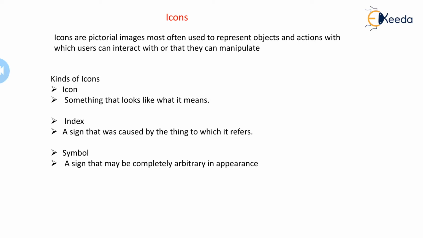An open door with a broken window indicates a possible presence of a burglar. The meaning of that index may or may not be clear depending upon past experience. A symbol is a sign that may be completely arbitrary in appearance and whose meaning must be learned. Menu and sizing icons on screens are examples of symbols.